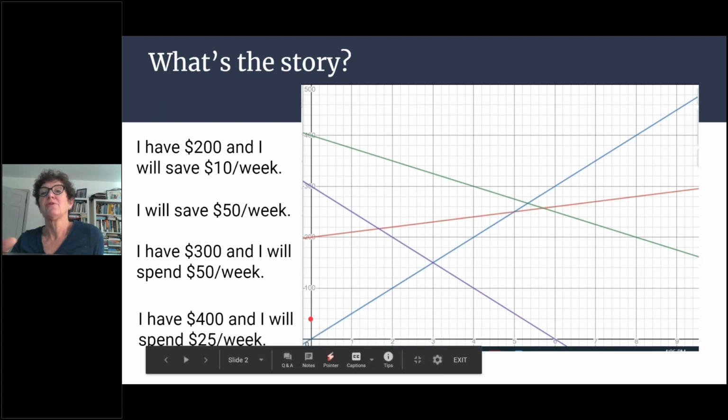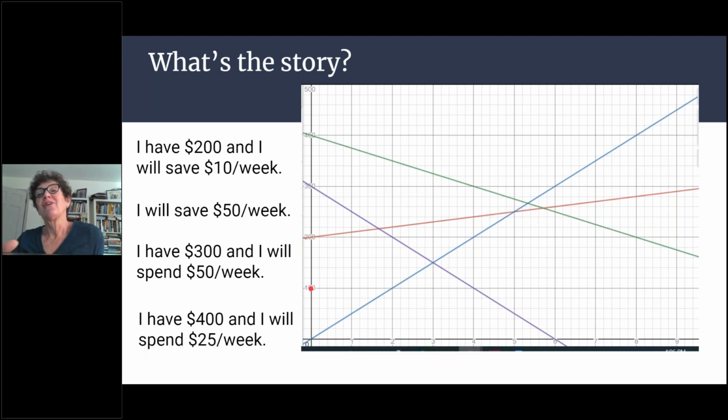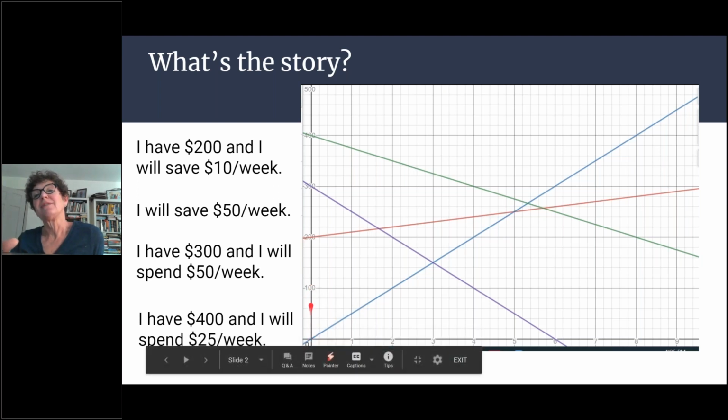I'm going to count again. 1, 2, 3, 4, 5. There are 5 lines between 0 and 100. And so each one of these must represent 20, 20, 40, 60, 80, 100.